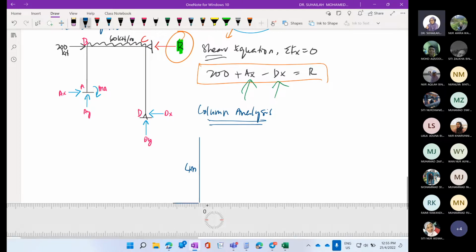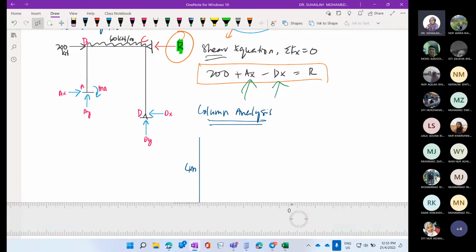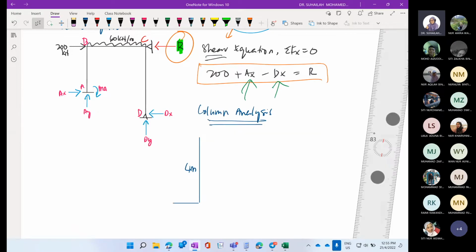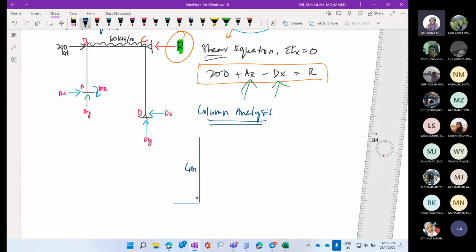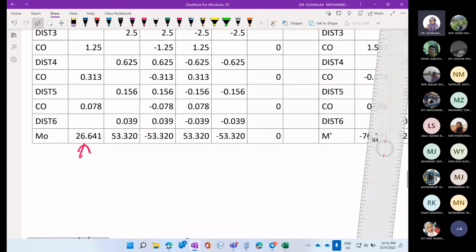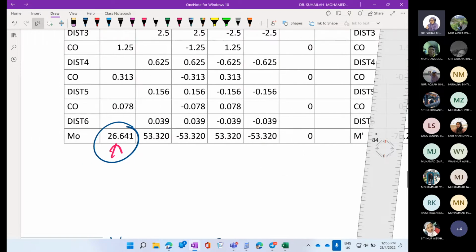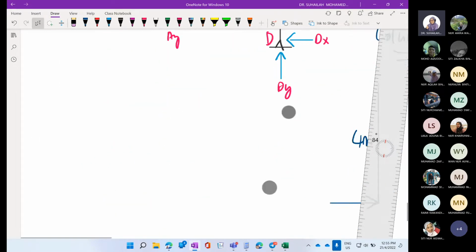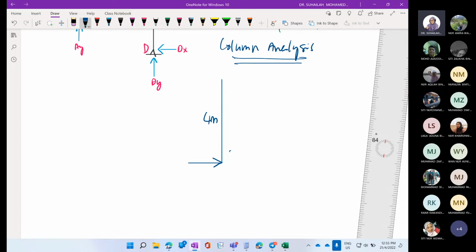This is AX. And then the moment at A: we take this value, the moment is 26.641. We put 26.641 into the diagram. So this is AX, and this is A and B. So how do we calculate AX?